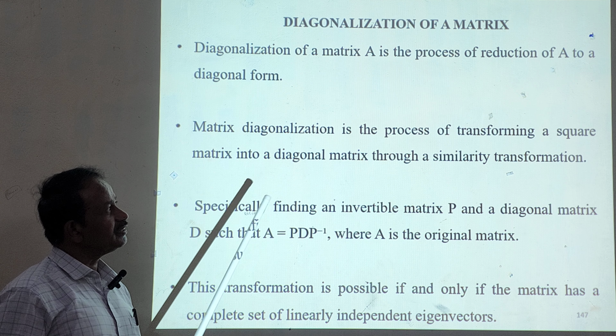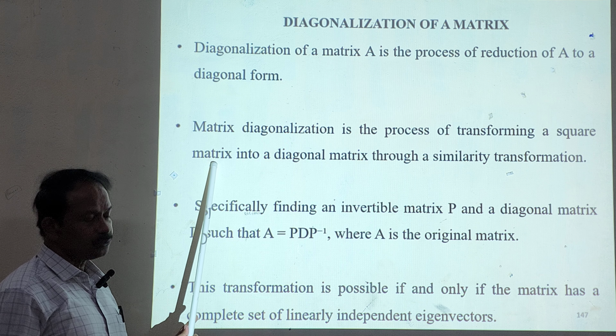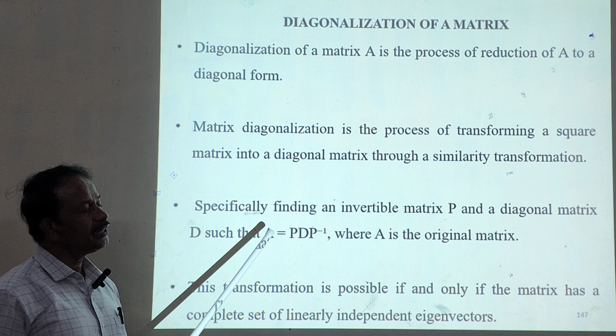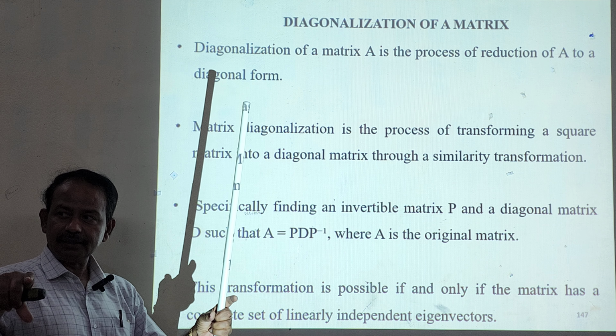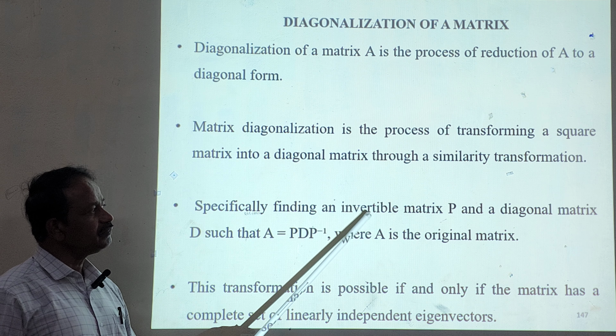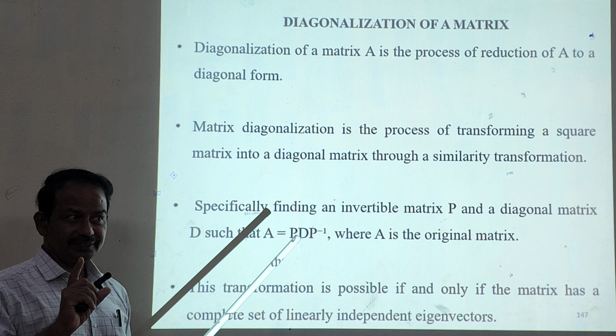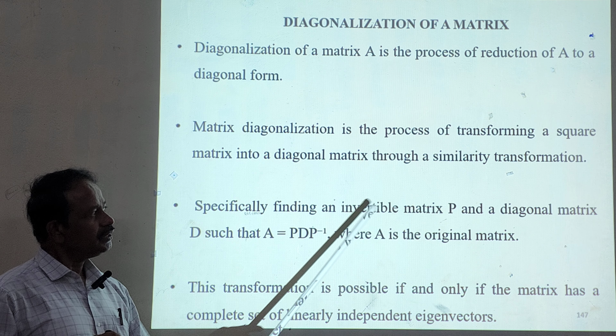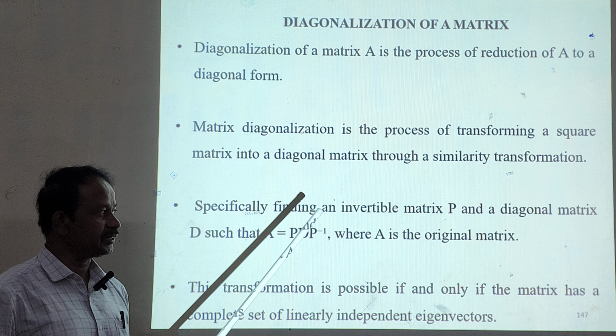What we call this process is nothing but diagonalization of a matrix. So matrix diagonalization is the process of transforming a square matrix into a diagonal matrix through a similarity transformation. Those matrices are called similar matrices. Specifically, it means finding an invertible matrix P. So the matrix P should have an inverse. Invertible matrix means it has an inverse matrix.